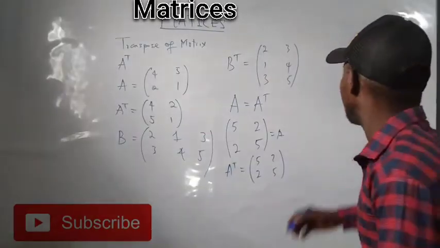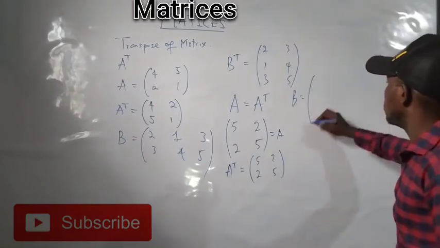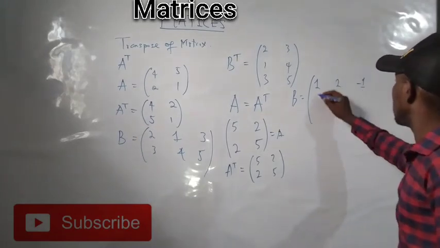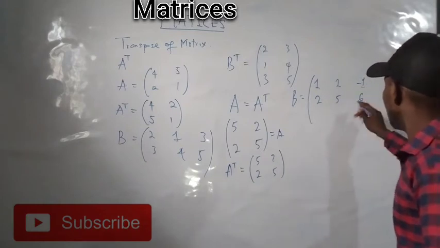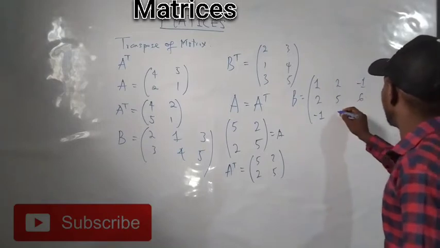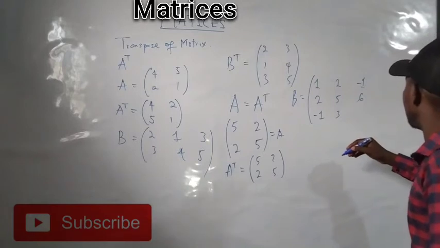And even though it was a 3 by 3 matrix, you could be asked something of this sort. Say you have a matrix B to be, let's say 1, 2, and minus 1. And let's say 2, 5, 6. And here to be minus 1, 6, and 2. This is just for instance.